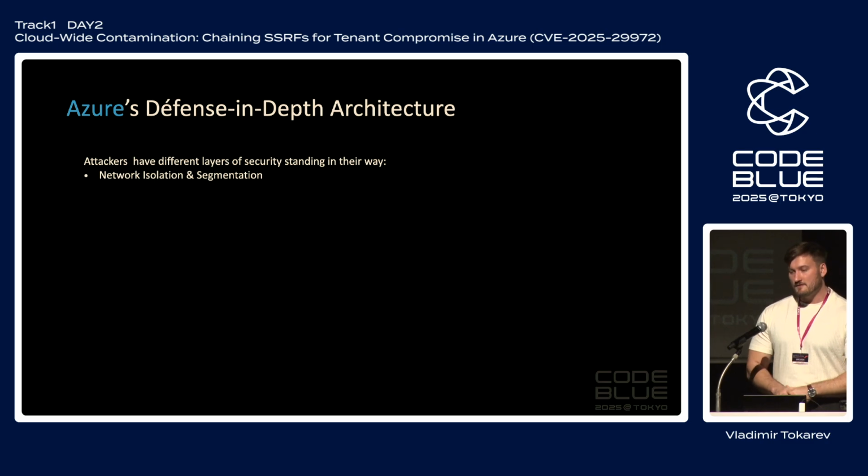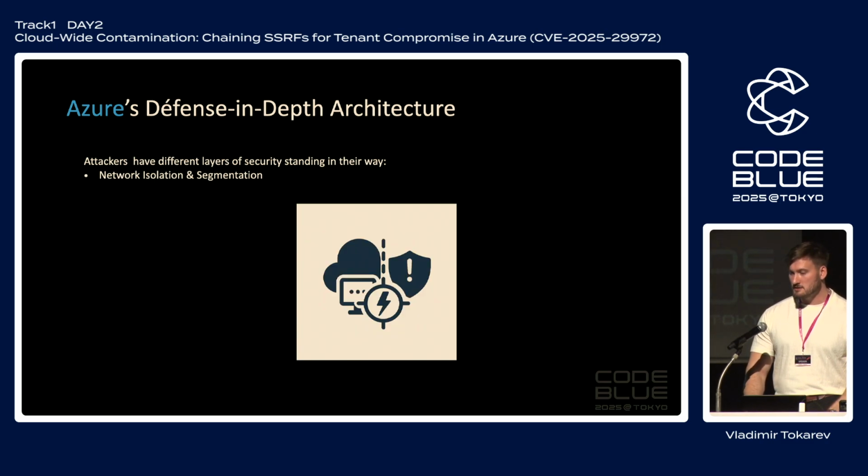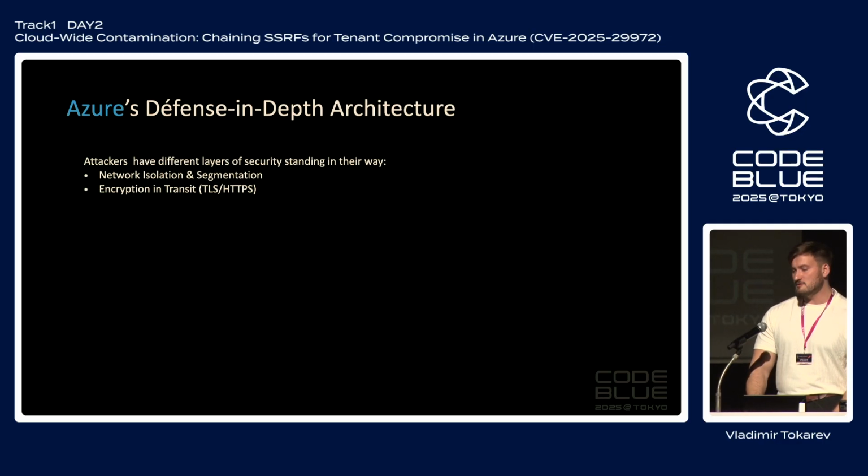But they have a lot of basic things that make attacking this a lot harder than it could be. First, they have network isolation and segmentation. Again, different networks, we can't access those. Everything is SDN, software-defined networks, with a lot of validation and a lot of firewall rules, hard to bypass. Then, almost everything external to Azure and internal is HTTPS and TLS.